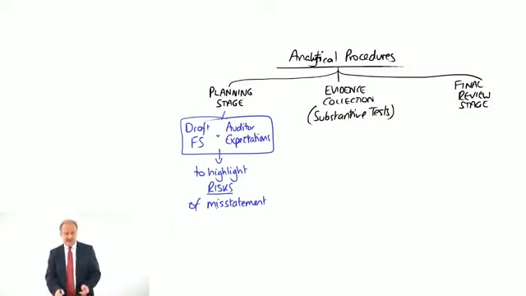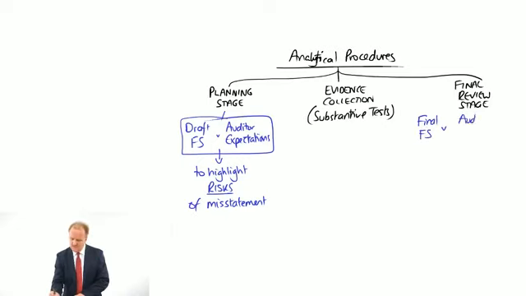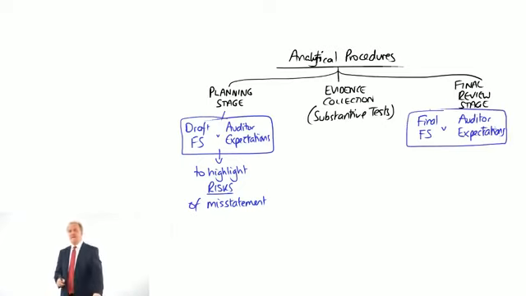Well, at the final review stage, we're going to do exactly the same thing again, except now it's the final financial statements we compare with our expectations. The idea being that by the end of the audit, the accounts have probably changed from what we saw at the beginning, but also our expectations have changed because we've learned more about the client during the audit.